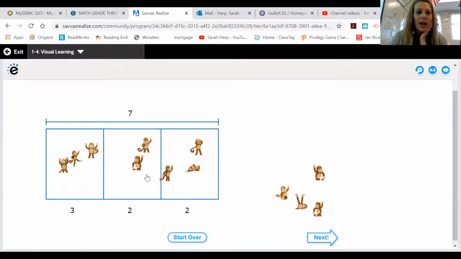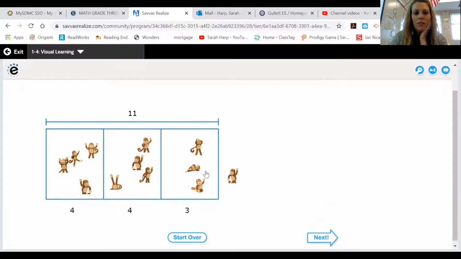They each have 3. And then let's see, is there enough for each of them to have one more? So if you look, this was the 12 monkeys up at the top. These boxes represent our 3 friends, and I was able to put 4 monkeys in each friend's group.